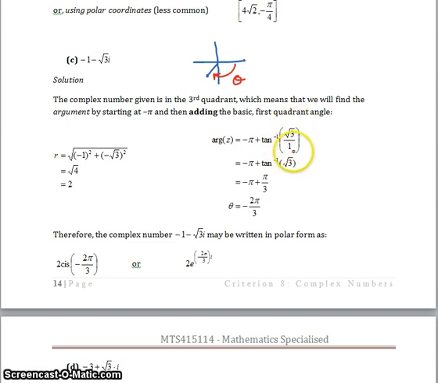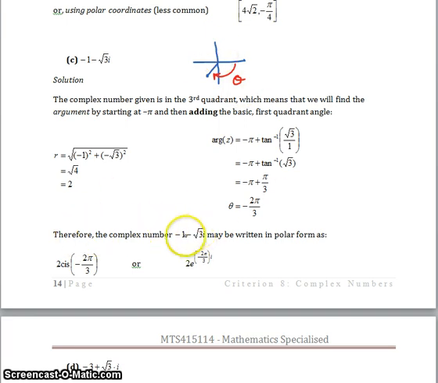Root 3 over 1, which is root 3. So negative pi plus arctan of root 3 becomes negative pi plus pi over 3, and working through that we can see that that's going to be negative 2 pi over 3. So there's our argument corresponding to this angle here, which is within that principal argument range.